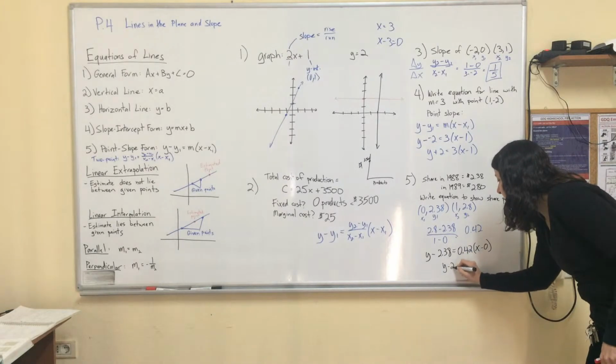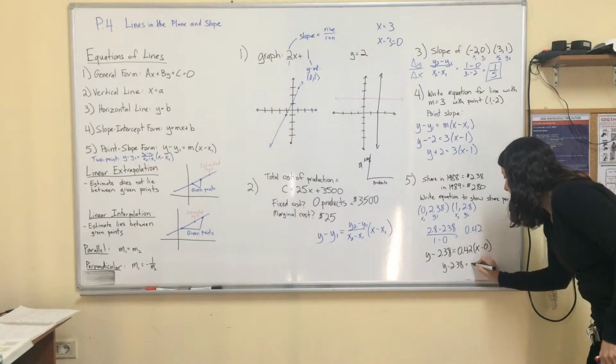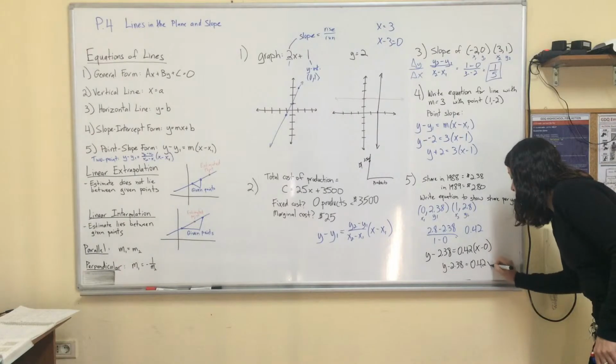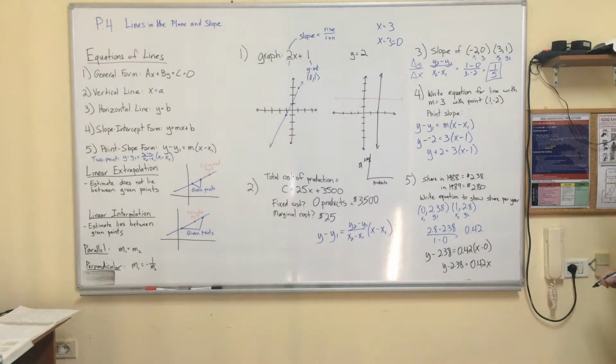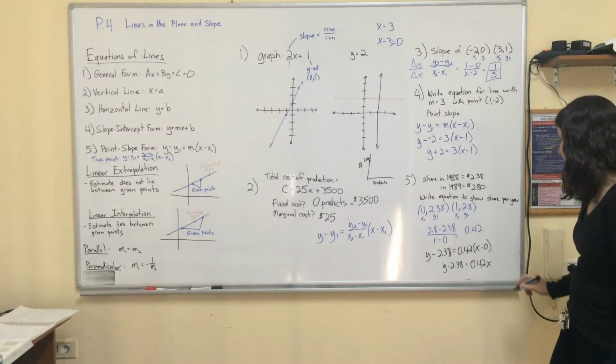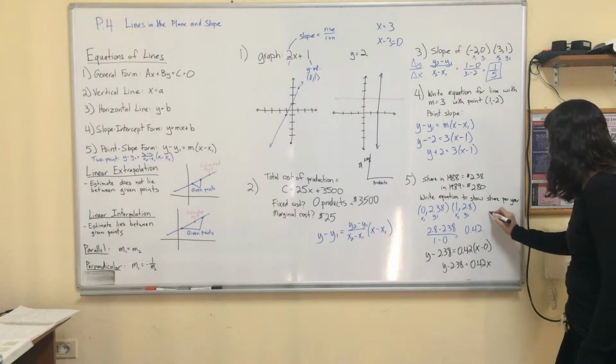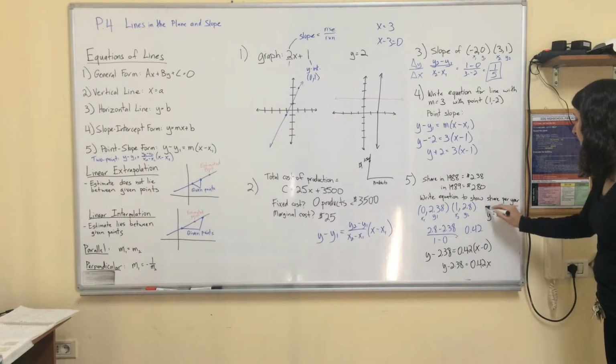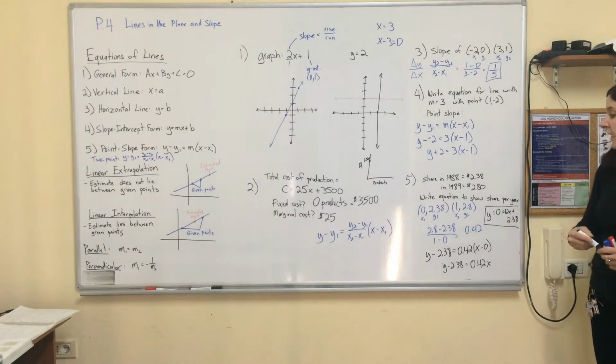So y minus 2.38 equals 0.42x. If we wanted to graph this, we move the 2.38 over to the other side, so y equals 0.42x plus 2.38. That would be the equation joining the two shares.